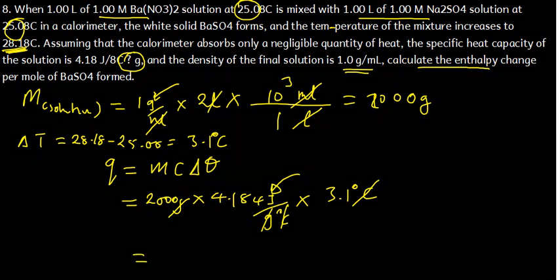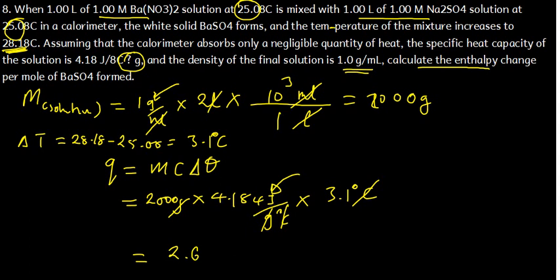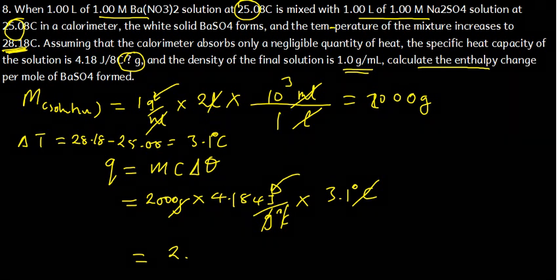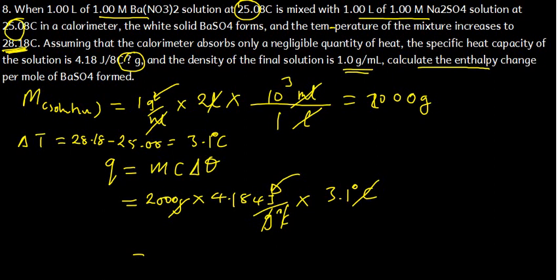And that is going to give us... let me just punch it on the calculator. We are saying 2000 multiplied by 4.184, then multiplied by 3.1, which gives us 25940.8 joules. So we can convert this to kilojoules by multiplying. We know that we have got a joule on top, so we're going to put a joule down, and then we can put a kilojoule on top.